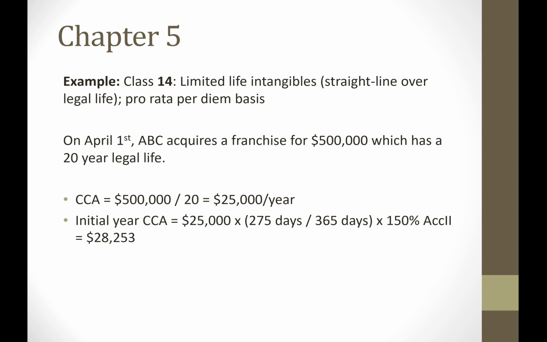And there's a further adjustment for the accelerated investment incentive to enhance it by 150%. So in that very first year, the CCA that ABC could take is $28,253. Now, moving forward, because it's straight line, next year we get to take the $25,000. So that's an example of how Class 14 works.